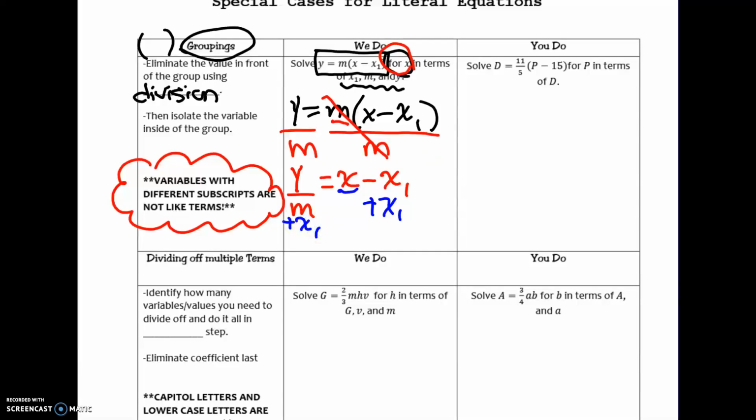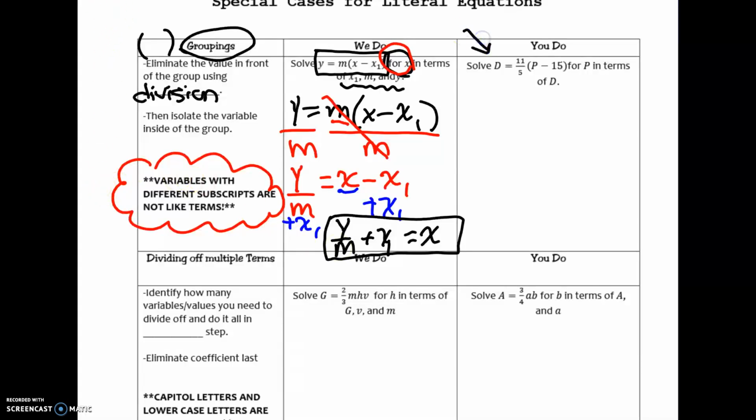The left side now looks messy, so I'm going to rewrite it so that I can see exactly what I have. I have y over m as a fraction, and then I'm adding x sub 1, and that is equal to x. Even though it looks sloppy, we just solved that literal equation because we got x by itself in terms of x sub 1, y, and m, which is what we were trying to do.